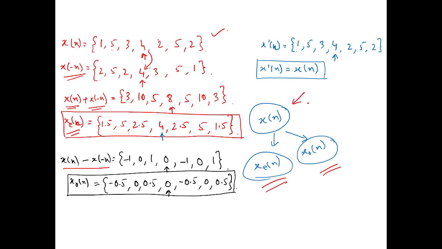So this 2 will come over here, this 5 will come over here, and this 2 will go over here. On the other side you will have this 3. Just invert the values. Okay, so you get x of minus n. Now for the even signal you calculate x of n plus x of minus n, and for the odd signal you calculate x of n minus x of minus n.